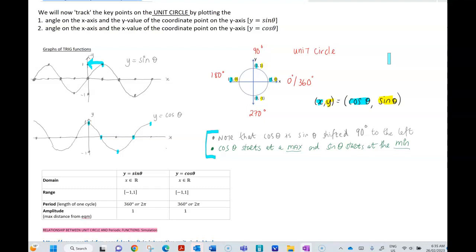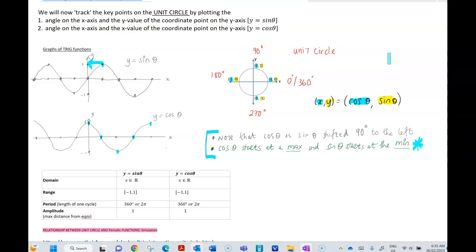The other very, very important point that I want to show you is the one here in green, because this is going to help you to interpret graphs. It says cos theta starts at a maximum point. So it starts at that 1, the cos theta. But if you look at the sine theta, it starts at a minimum point, so at that 0.